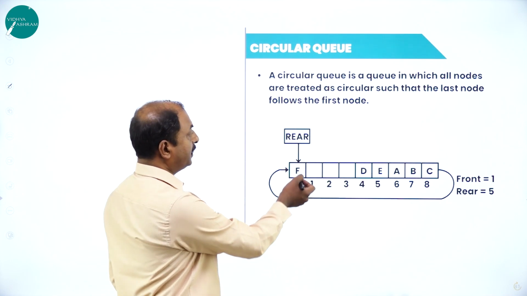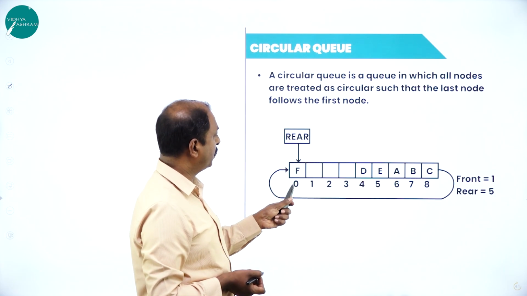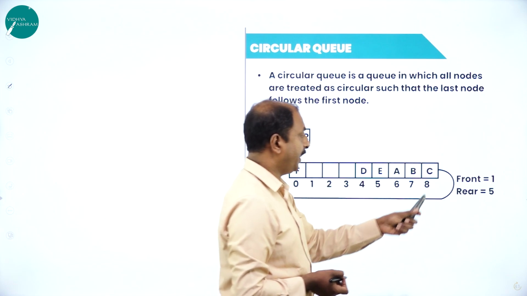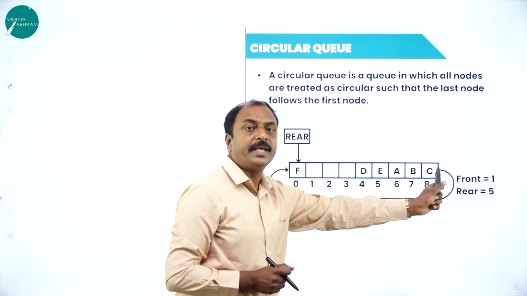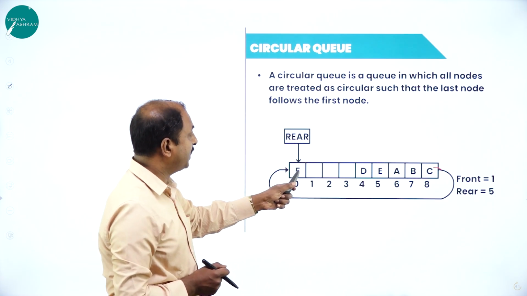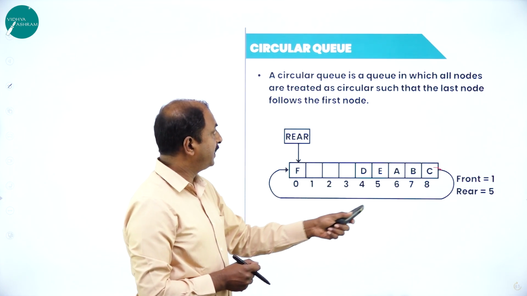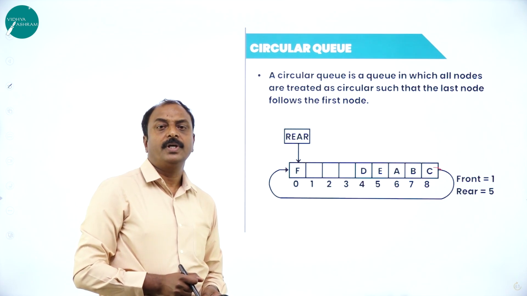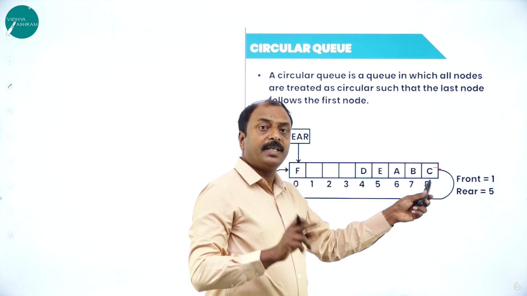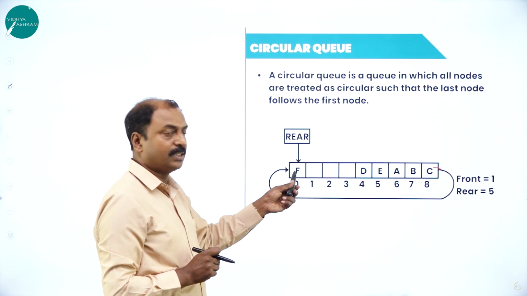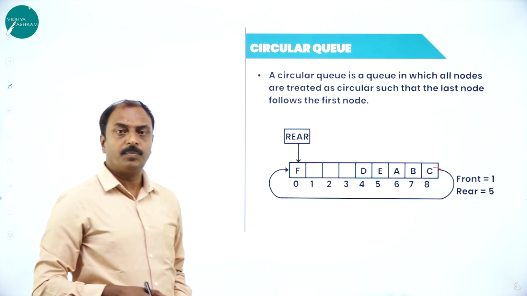The meaning is that rear is the pointer for insertion, so index 0, 1, 2, 3, 4, 5, and so on up to 8, and after the last node it points back to the first index, that is 0. So this is in a circular fashion. That is why it is called a circular queue. The last data item points to the beginning, index 0. This is called a circular queue, another type of queue.